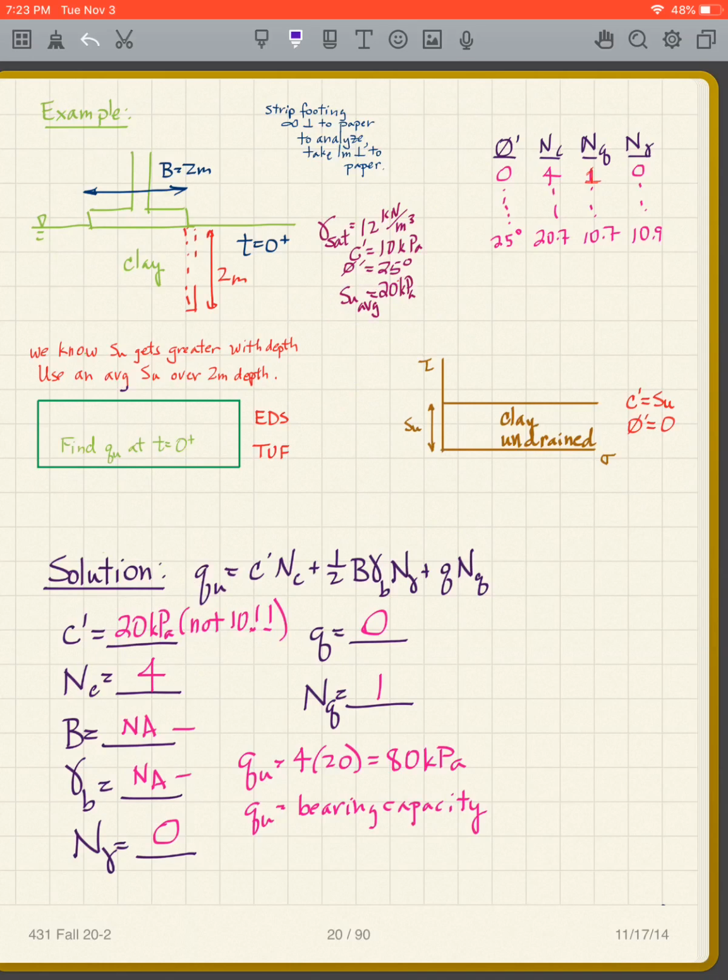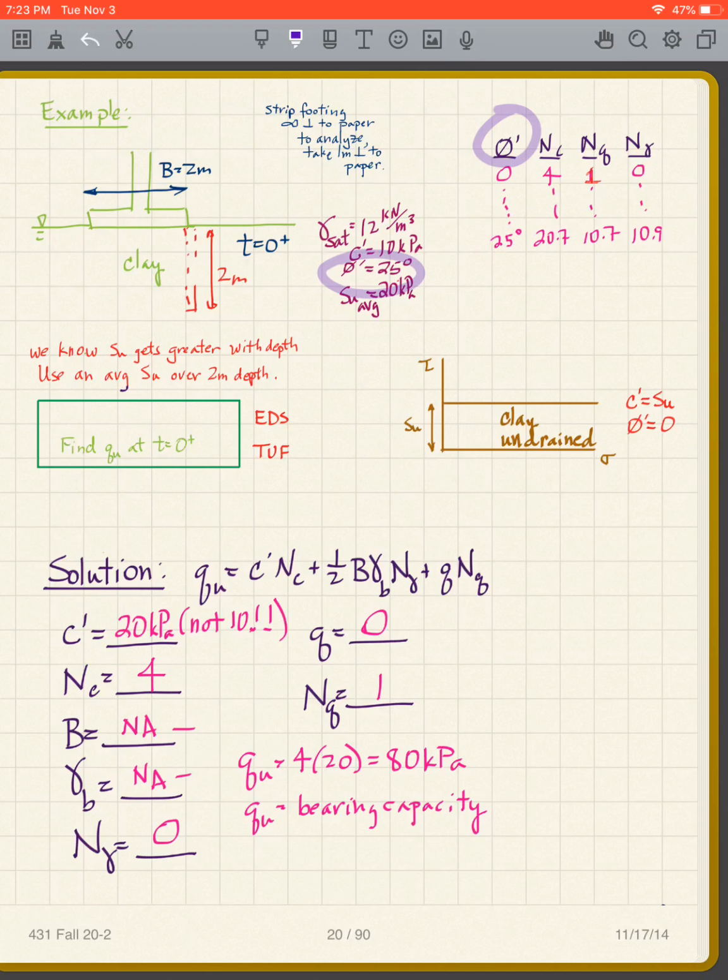Okay, so we got that. The other thing is, now we need to get NC. Well, how do I get NC? I get it from this table here. Well, the other thing I have to watch out for is I have to use the right value of phi prime. If I look here, it says phi prime is 25 degrees. If you don't think it through, you'd say, okay, I'm going to look for the values at 25 degrees and use these.